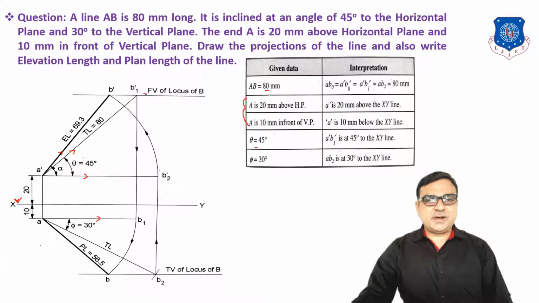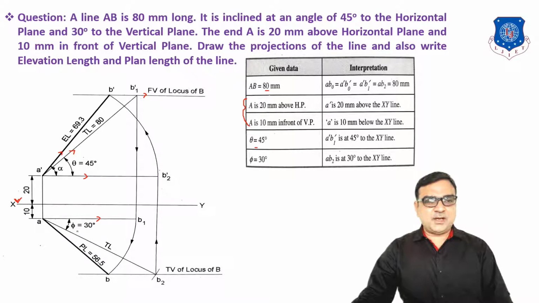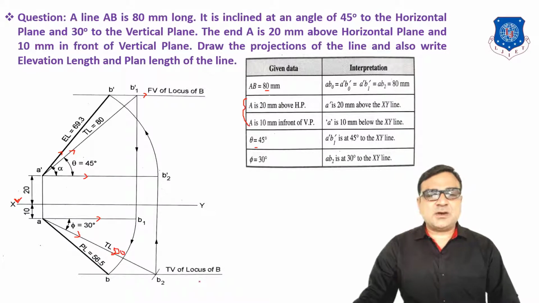Then from B1 dash draw a horizontal line parallel to XY, which is known as the locus of B. From small a in the top view draw phi angle 30 degrees with true length 80 mm, and locate B2, and then again draw a horizontal line, which is the locus of B.